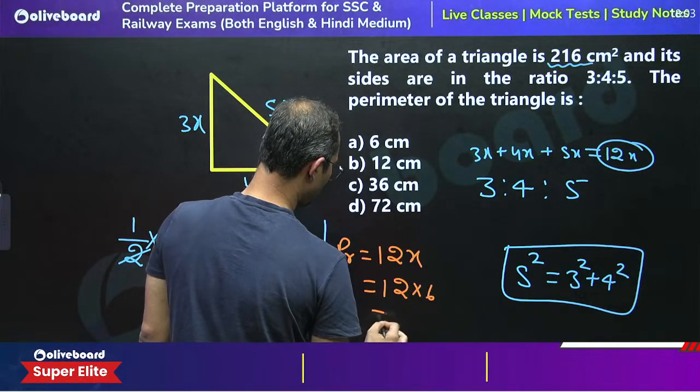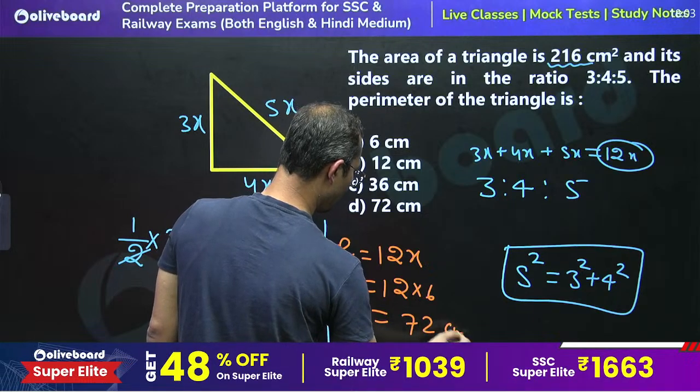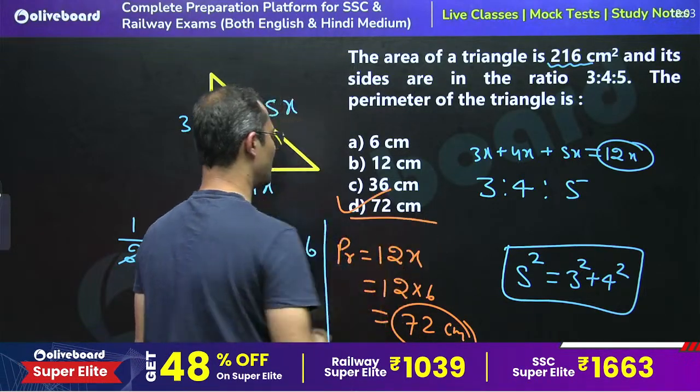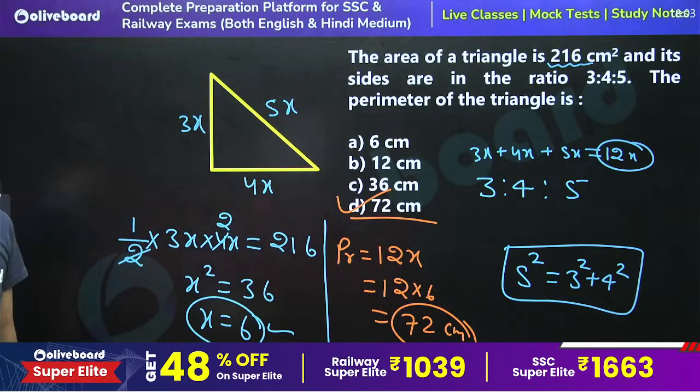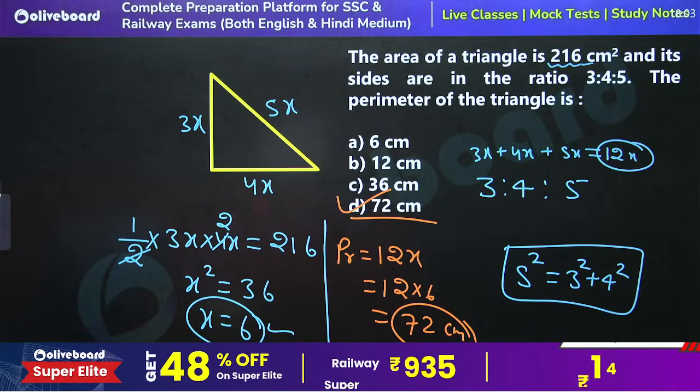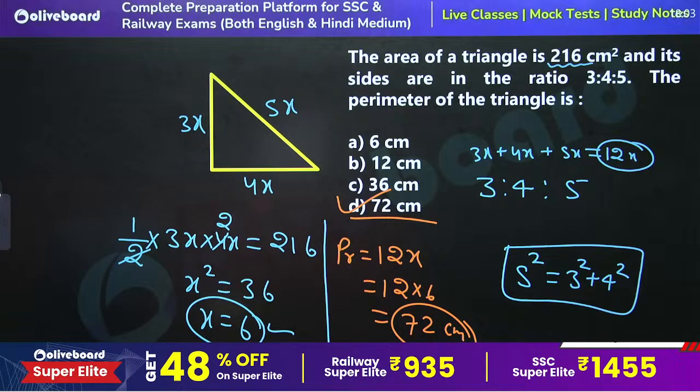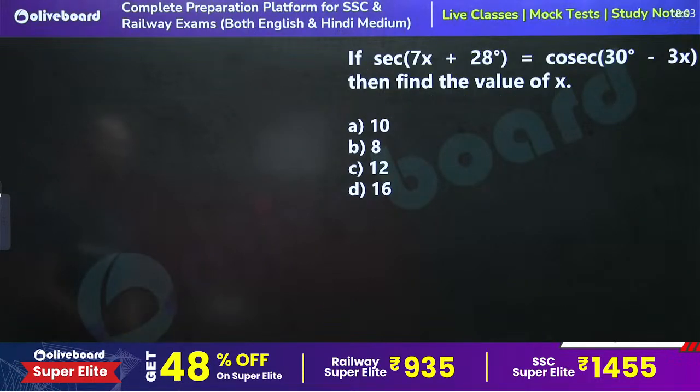So this is 72 centimeter. 72 centimeter is the right answer. D is the right answer. Yes, D is the right answer. Okay, no problem. So we can say that 72 centimeter is the right answer.